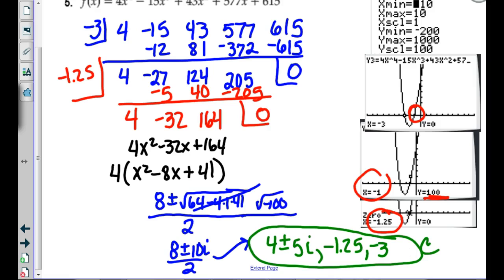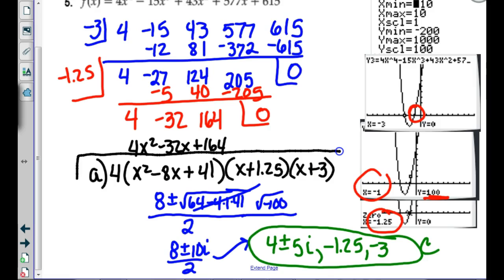Part B, part A, I'm going to go back and write here because we had this 4 times this. What were the other two factors? X minus 1.25 and, no, x plus 1.25 and x plus 3. So there's the factors. Okay, B wants linear factors.